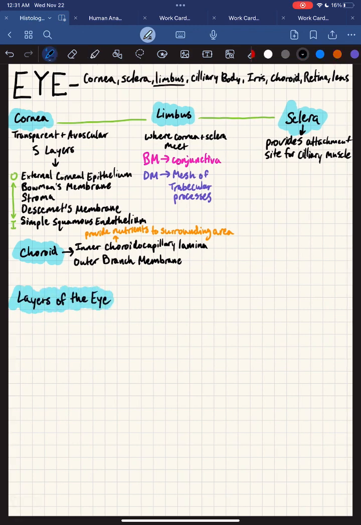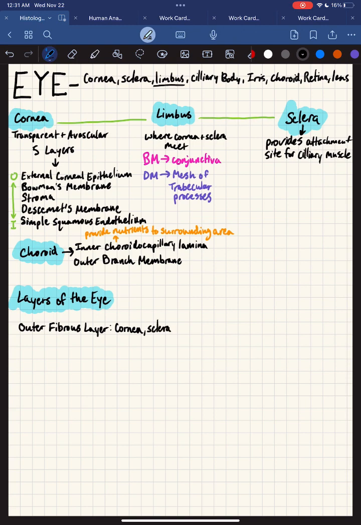So you've got the outer fibrous layer of the eye, which is comprised of the cornea and the sclera.